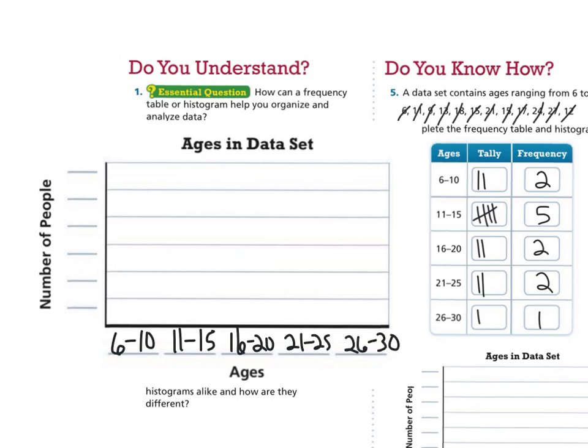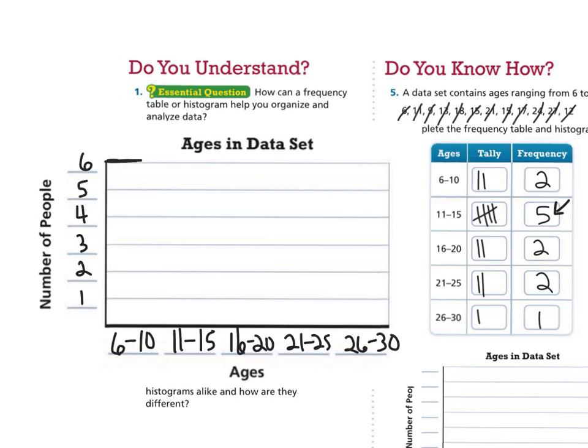Those are actually going in groups of 5, intervals of 5, even though they might look like 4s to you. And for the number of people, the highest frequency we have is 5, so we should be good just to go by ones here.